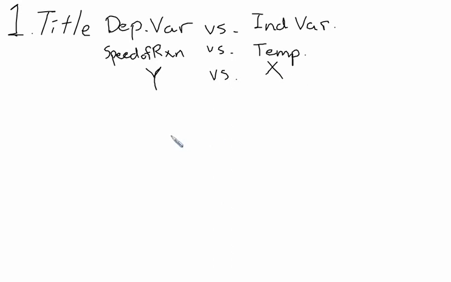So let's create a quick little graph here so we can point out the finer points of making a graph. I'm going to call this point 0.